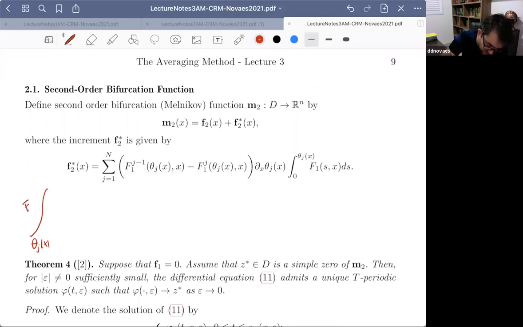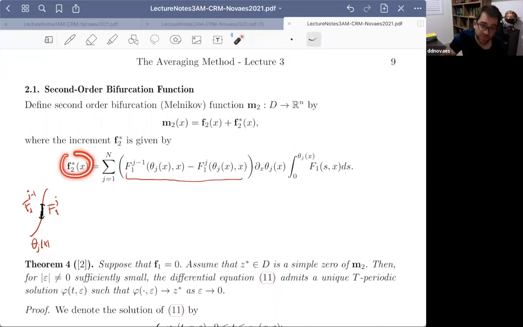At this side we have f1 j minus 1, and at this side we have f1 j. So if at some region the function f1 is continuous, then this difference vanishes. So also this increment vanishes. So this increment depends on what we call a jump of discontinuity.